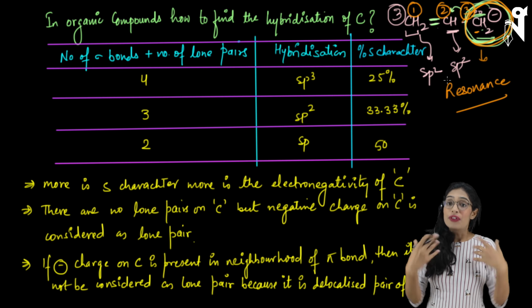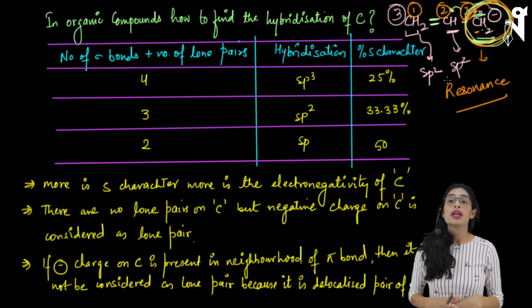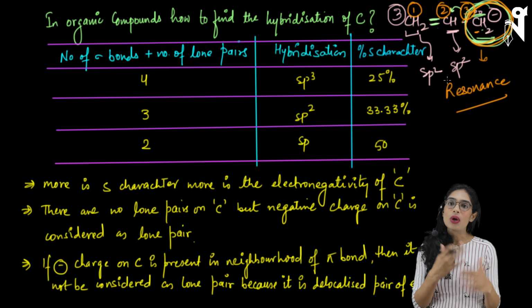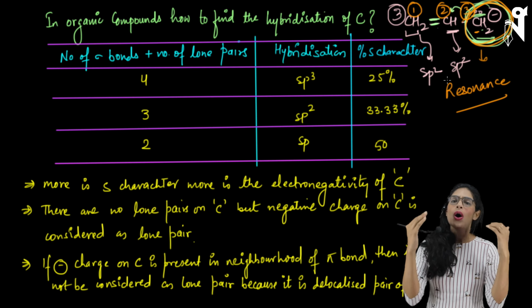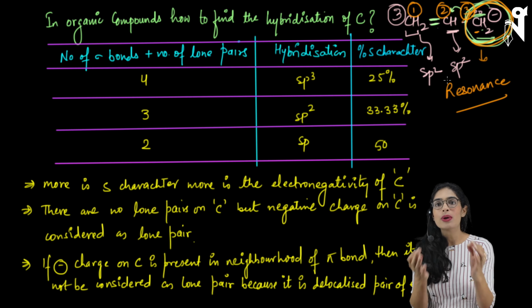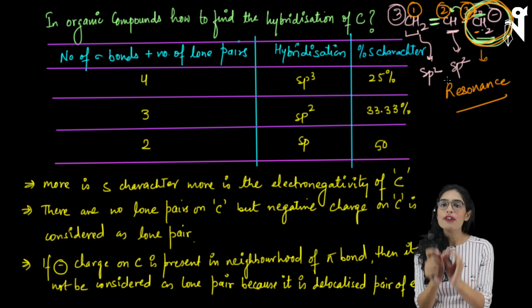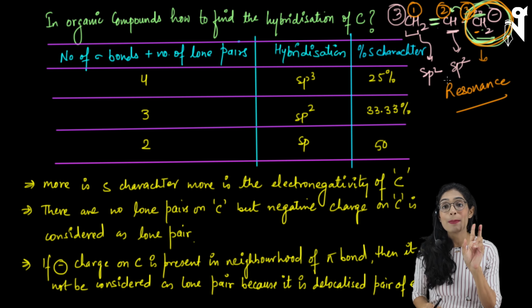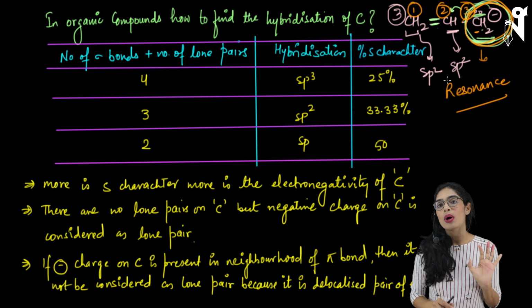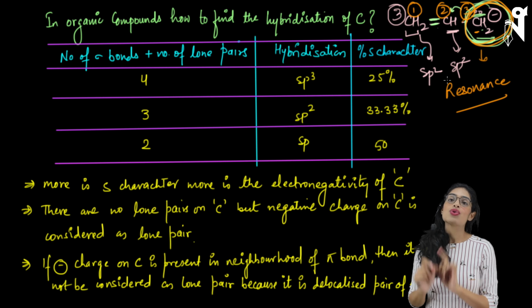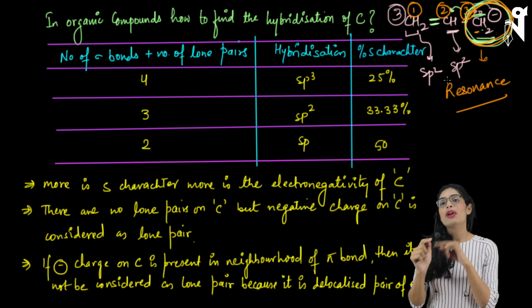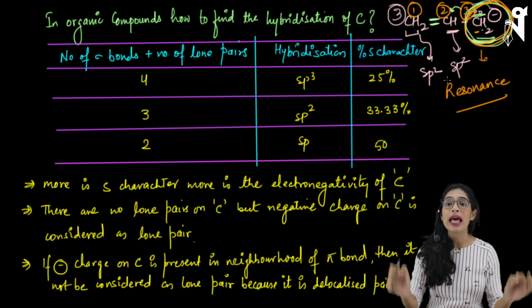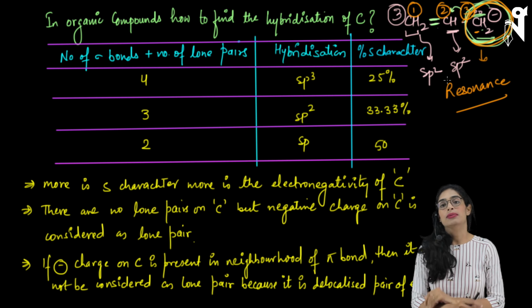Further explanation on it you will get. There will be almost 2-3 classes on this concept, so don't hit your head with this concept right now. Just treat it as a fact: if my carbon which has a negative charge is the neighbor of the carbon which has a pi bond or double bond, then the carbon's negative charge, or the pair of electrons causing the negative charge, will not be considered as a lone pair for the calculation of hybridization.